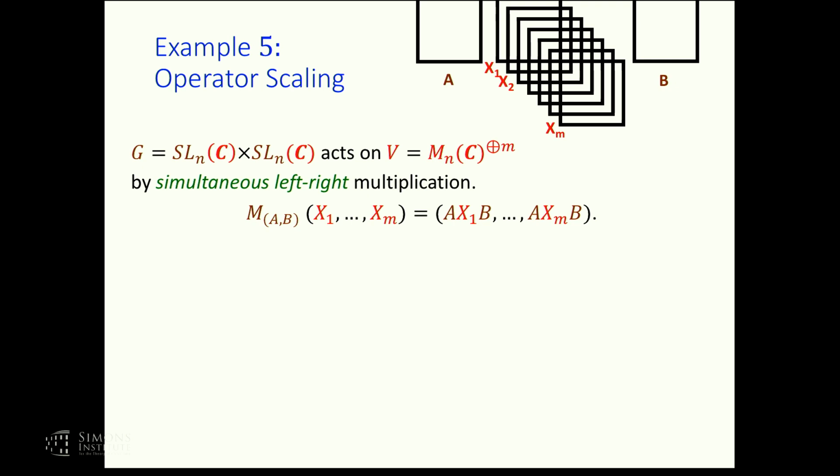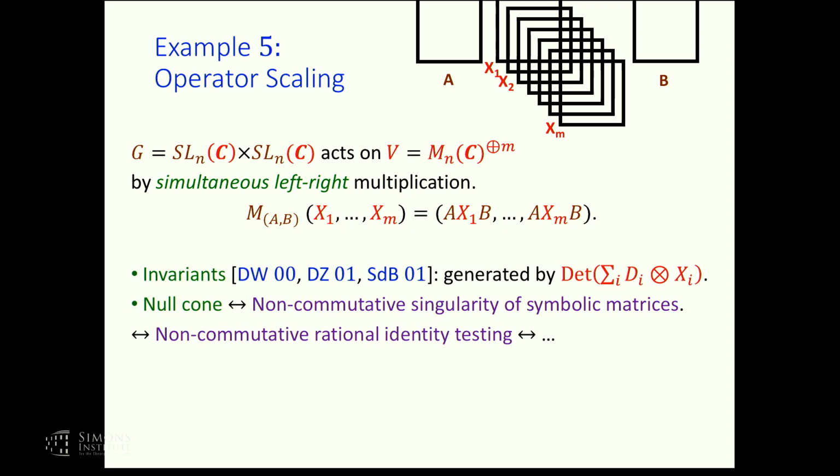Instead of acting on matrices, you act on tuples of matrices. So you have m matrices, x1 through xm, and you act on them by pre and post multiplying them by a basis change, a simultaneous basis change, on the left and on the right. So you see the action here, right? This tuple, you pre and post multiply each of them by matrices A and B. And here the invariants turn out to be not so easy to find.